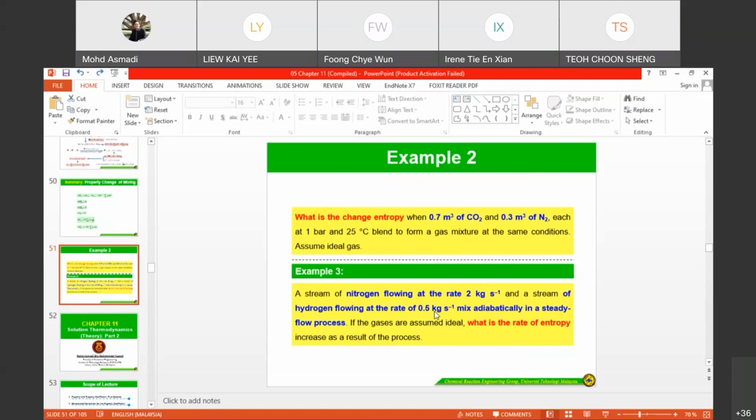They mix adiabatically in a steady flow process. What is the rate of entropy increase as a result of the process? It is given in terms of mass flow, so you have to convert to the molar flow, and then change it to the mole fractions. After that you can calculate the delta S.